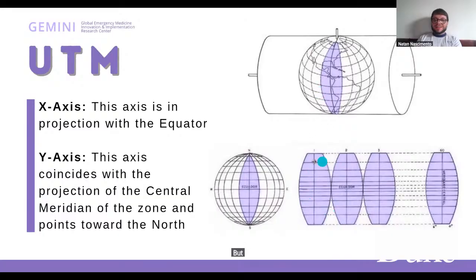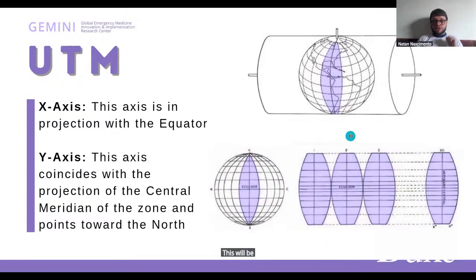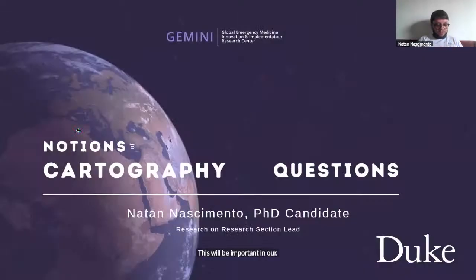But the projections of UTM start at 1 in the far west and go all the way to the far east up to 60. This will be important in our more practical class.